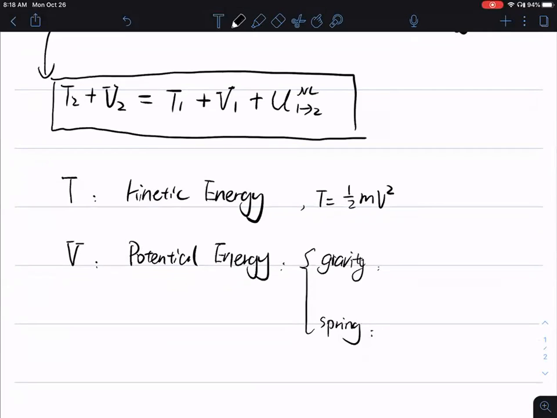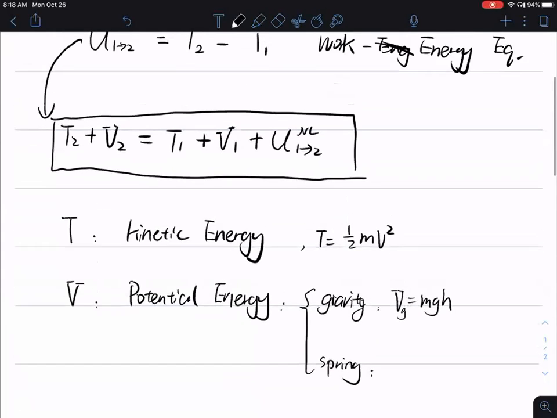All right. So that's for gravitational potential energy, and let's call this VG, equals mgh.